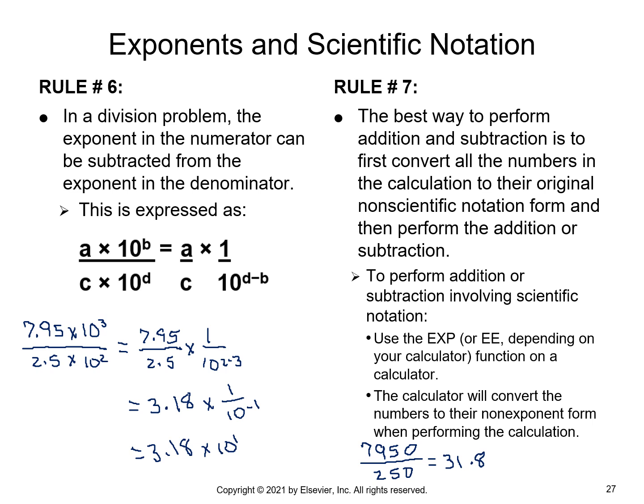So we subtract them from the top, subtract them from the bottom. So 2 minus 3 will give us a negative 1. So our equation would work out to be 3.18 times 1 over 10 to the negative 1. And if you were to simplify that math, then you would get 10 to the 1.